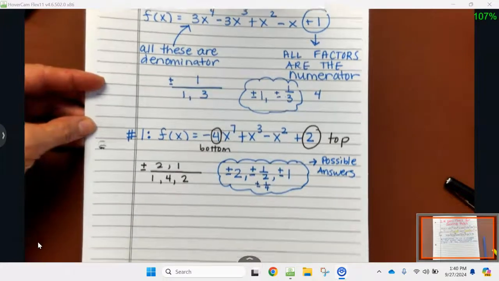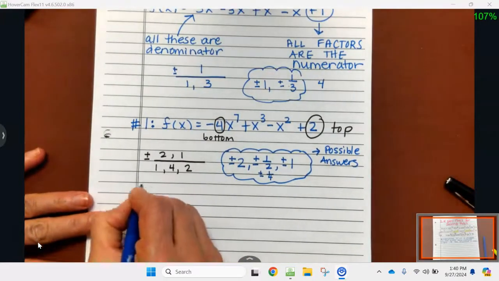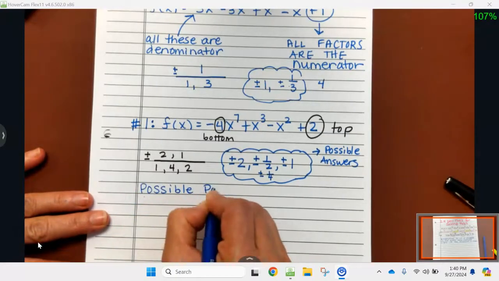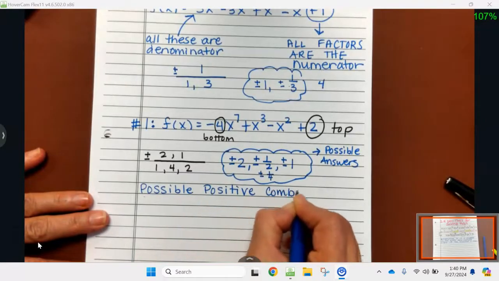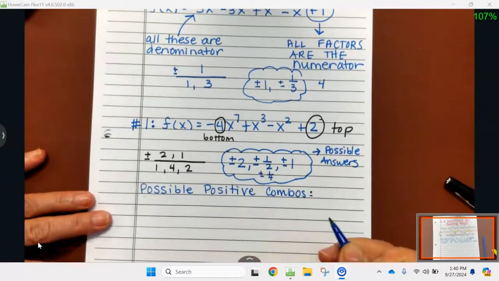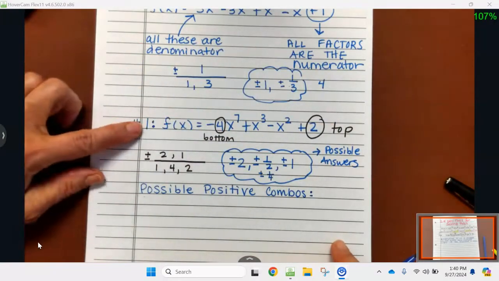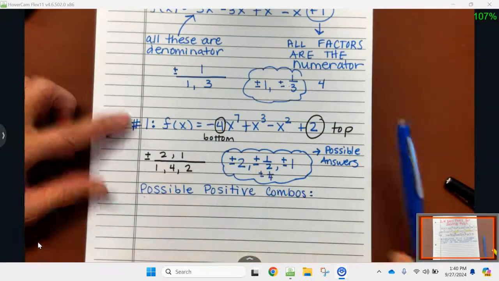Now let's analyze the sign. All right, I am going to look at possible positive combos. Remember, that is Descartes' rule of signs. So here's the original equation. I kind of wrote over it, but look, you can see it starts negative.